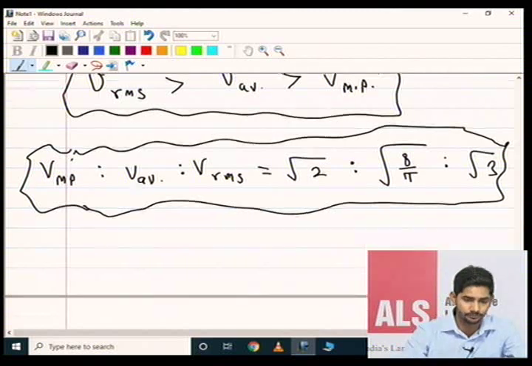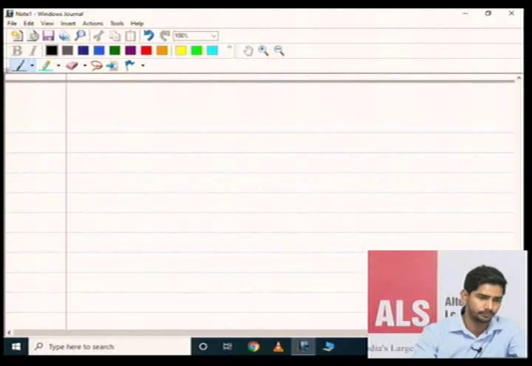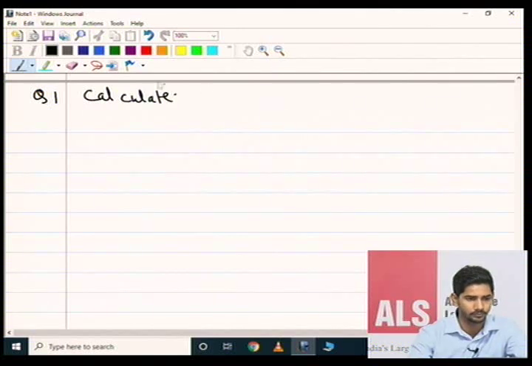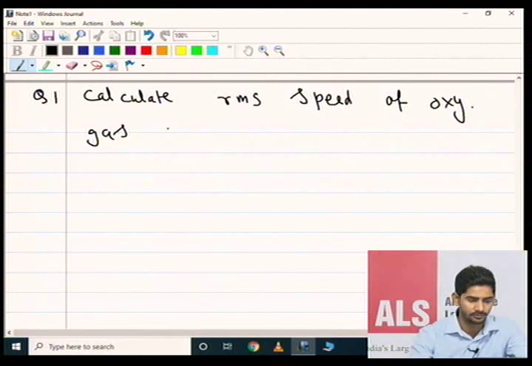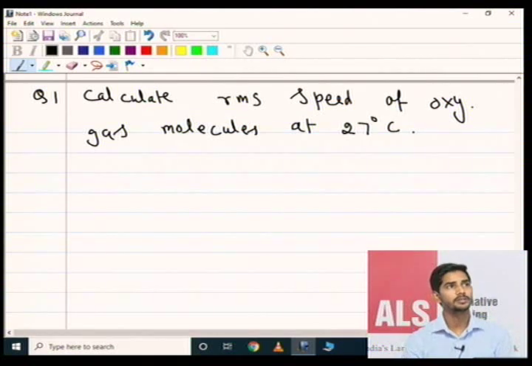Calculate RMS speed of oxygen gas molecules at 27 degrees Celsius. Do this, tell me the answer.